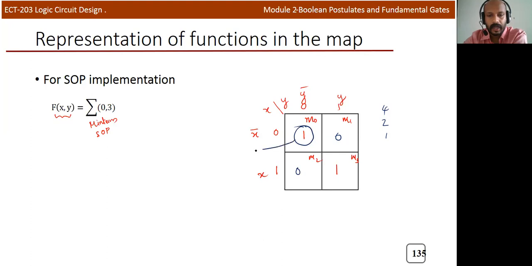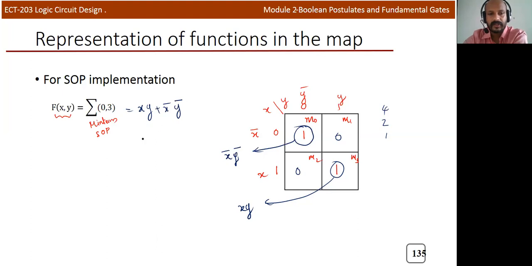And in order to indicate this one, I can write in row wise x bar is there, in column wise it's y bar. So this one is actually represented by x bar y bar. And if you write this other term, x is one term and column wise y. So you need to write xy plus x bar y bar.